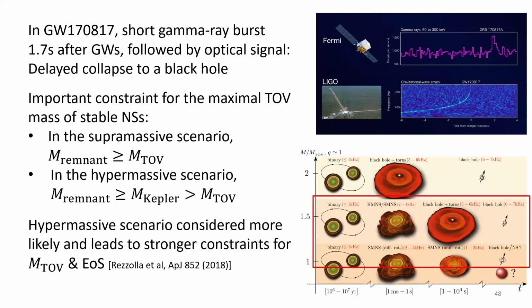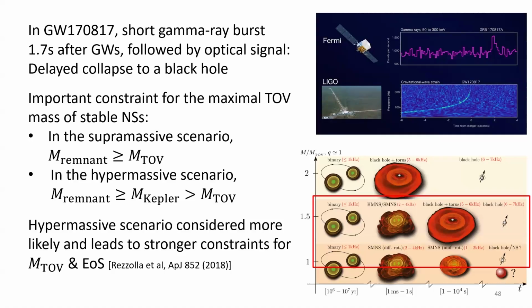Then you can just keep increasing the rotational speed until you end up at a point where the surface of the star is rotating at more or less the speed of light, and the whole system disintegrates. That maximal rotational frequency where the star is still intact corresponds to the maximal mass that this equation of state can support in any circumstance, and this maximal mass is then called the Kepler mass.